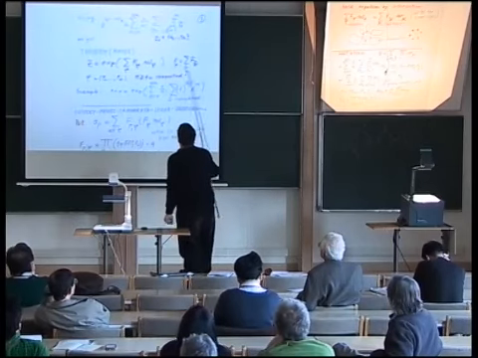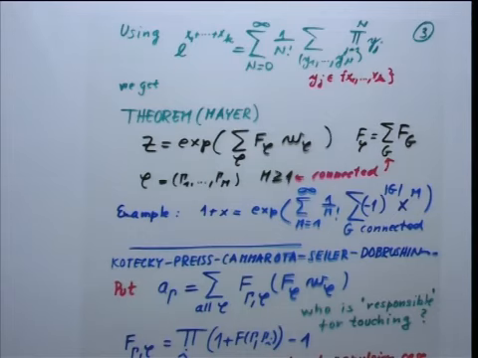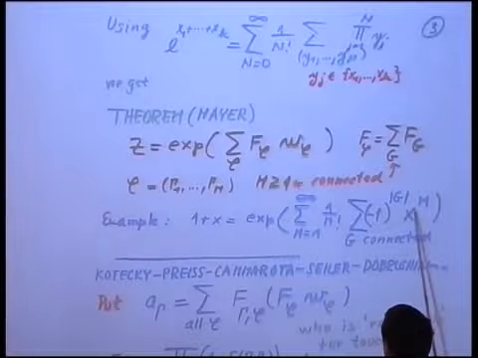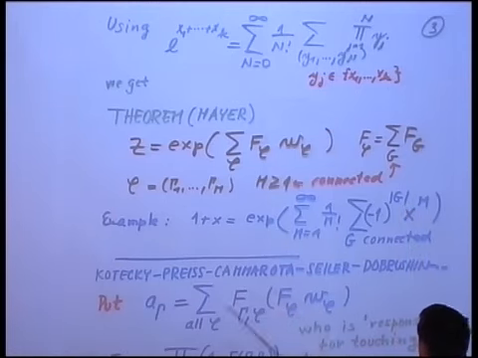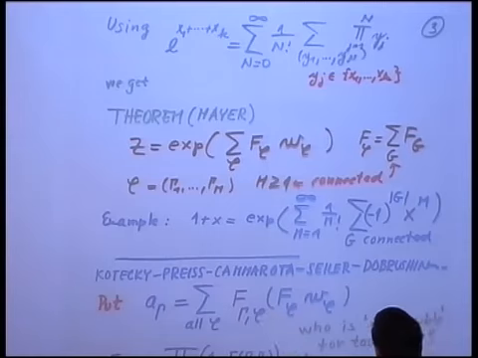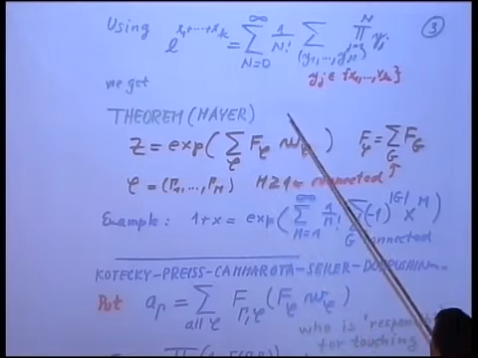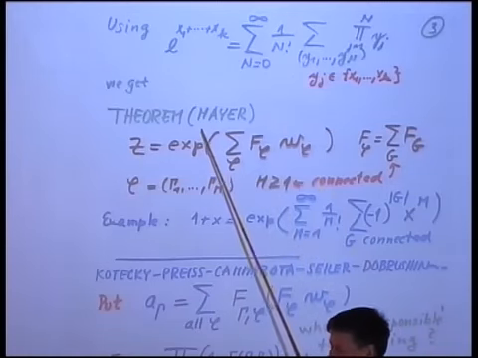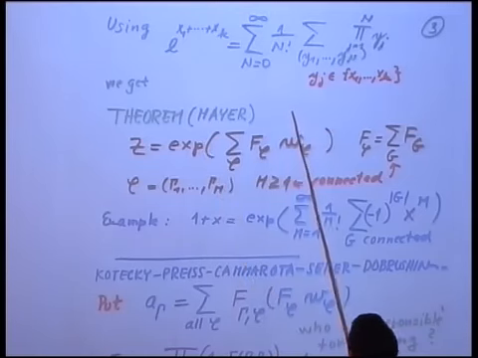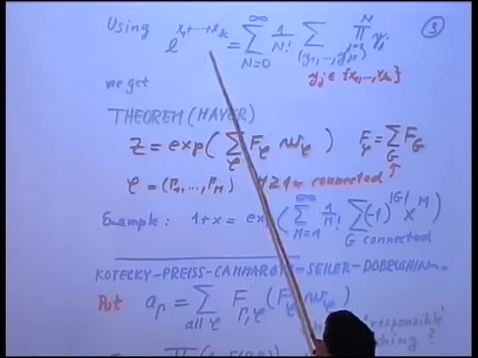And this is my expansion, which I already noted. Take an example as a test. 1 plus x equals this. Sum over connected graphs. Oh, well, this is just a comment on how to prove this theorem. This is very trivial.